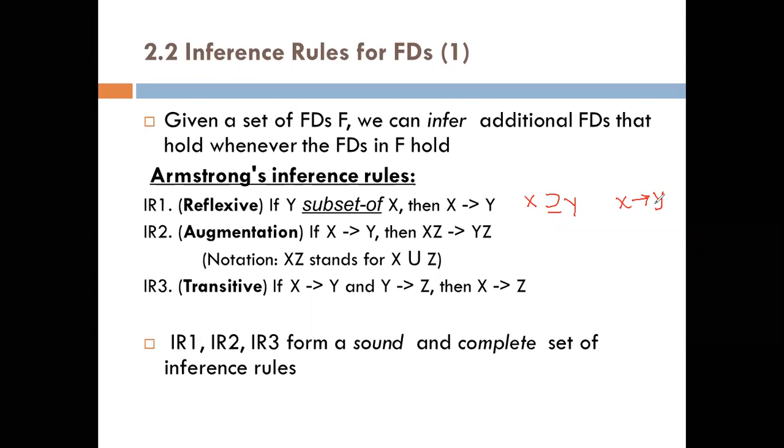The reflexive rule states that a set of attributes always determines itself or any of its subsets, which is obvious. So if X contains Y, then X determines Y, which means self-determination. So SSN determining SSN itself or any other subset on the right side. That functional dependency is based on the reflexive rule.